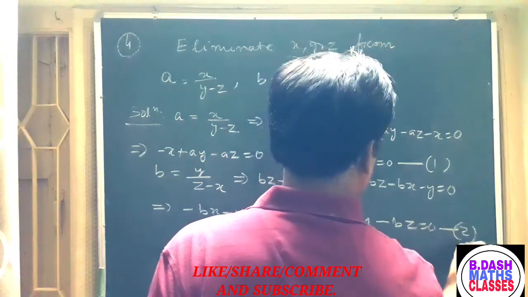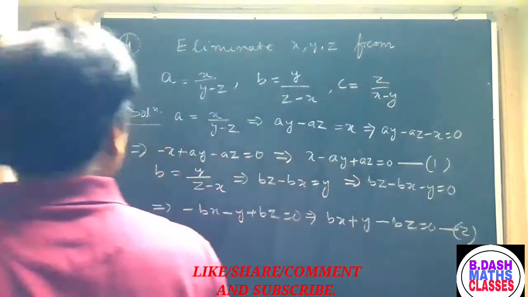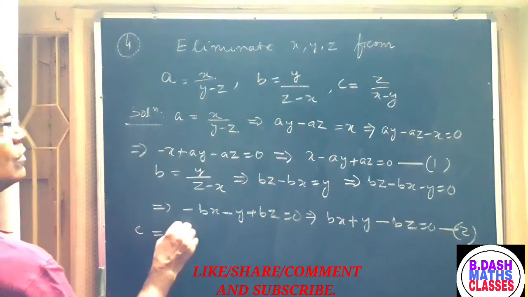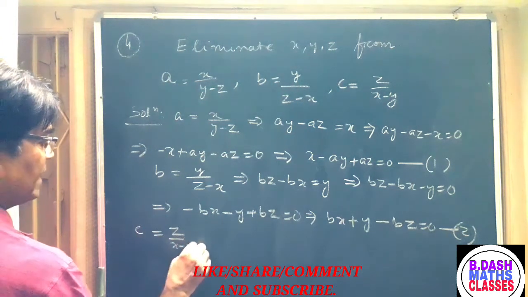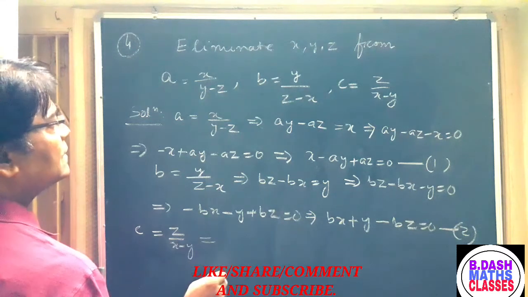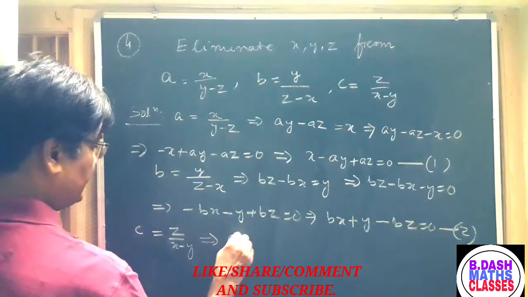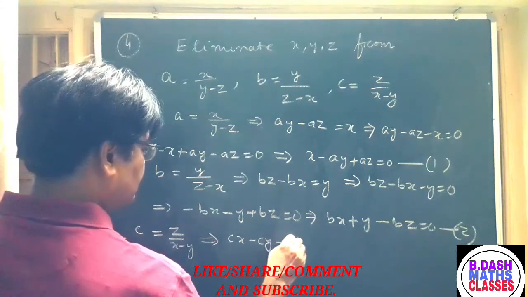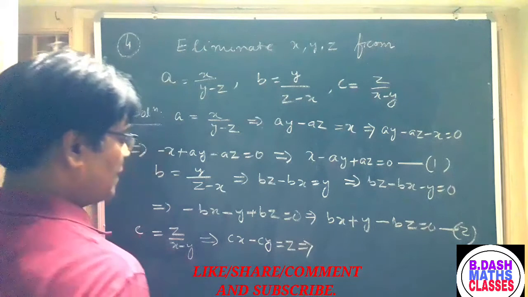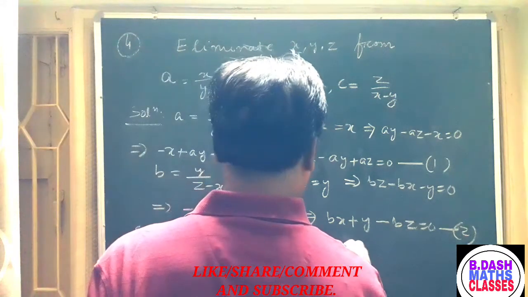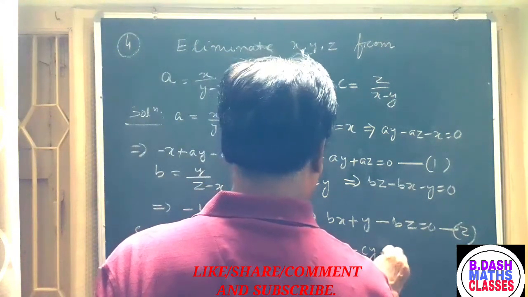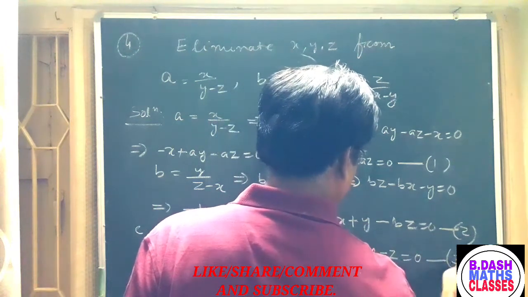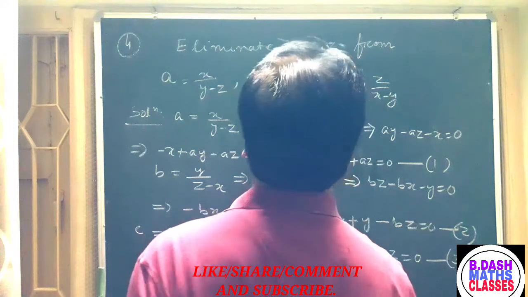This is equation 2. Now the third one is c is equal to z by x minus y. So this gives you cx minus cy is equal to z, from which we get cx minus cy minus z is equal to 0. This is our third equation.